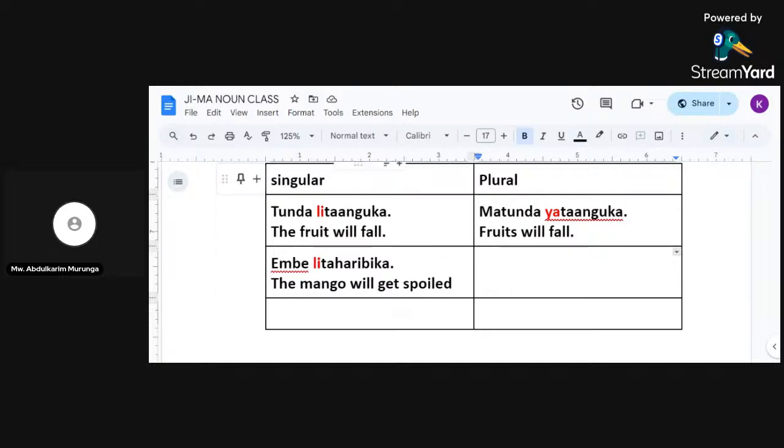Yes, okay. Embe litaharibika. How do we say this in plural form?